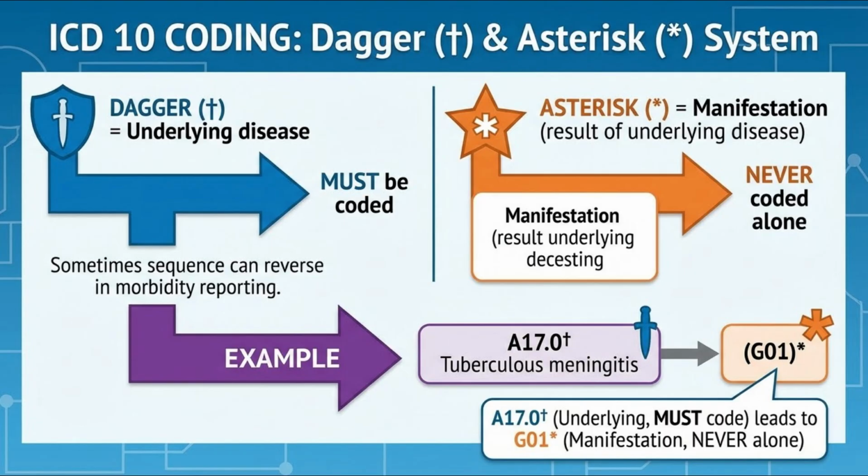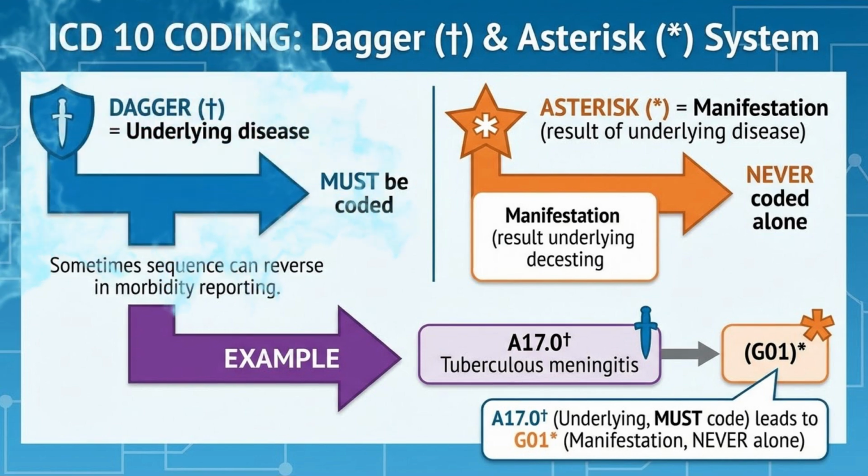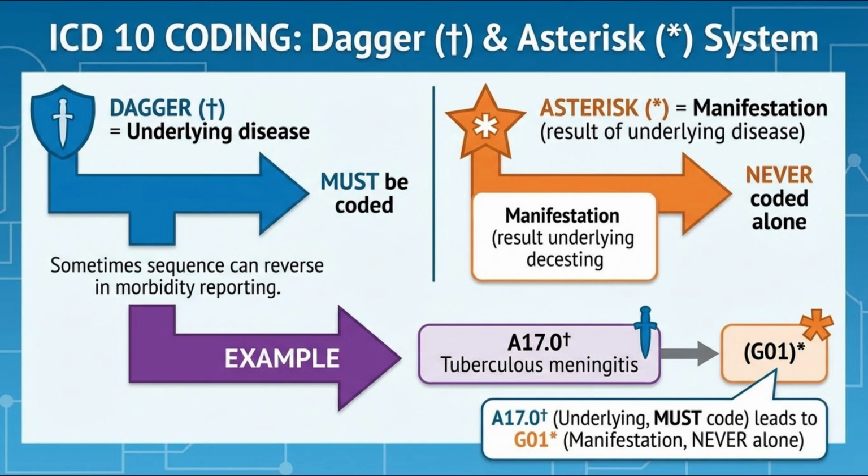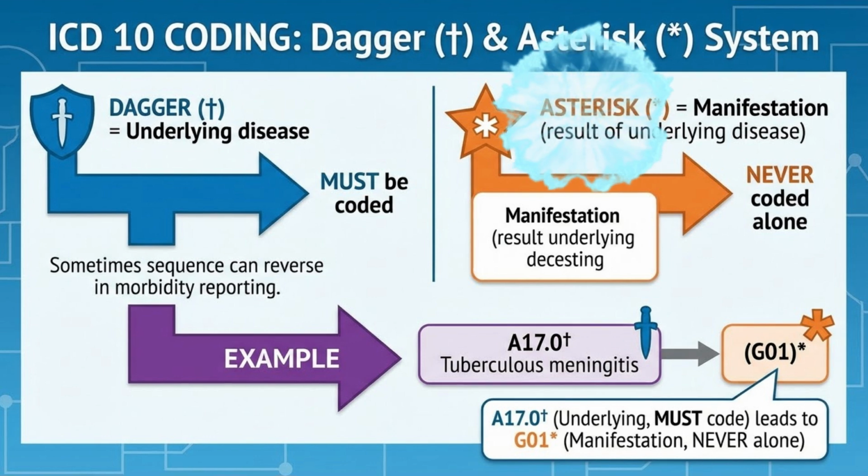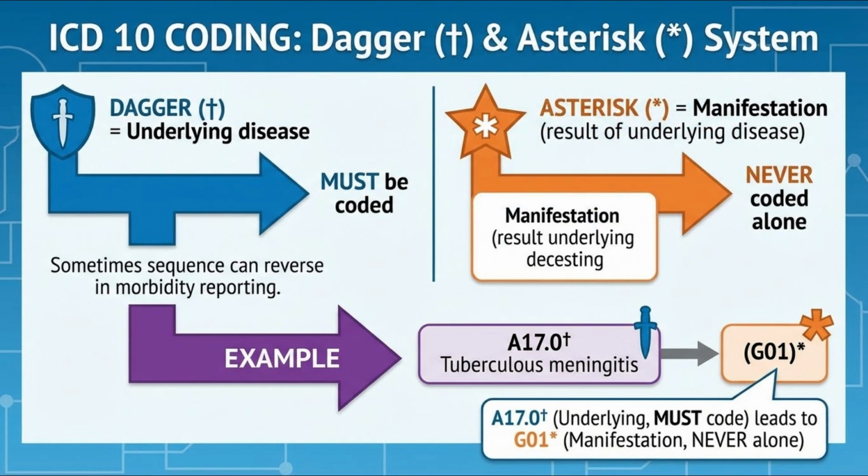Here's a coding rule every ICD-10 beginner must know. The dagger symbol stands for the underlying disease, and it must be coded first. The asterisk symbol shows the manifestation, the condition caused by the underlying disease, and it can never be coded alone.